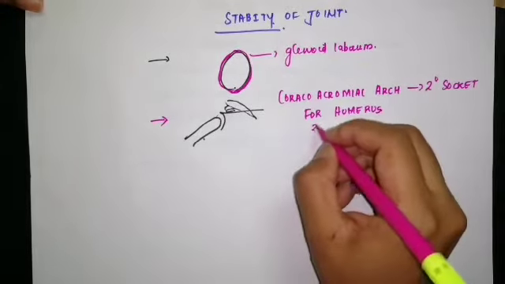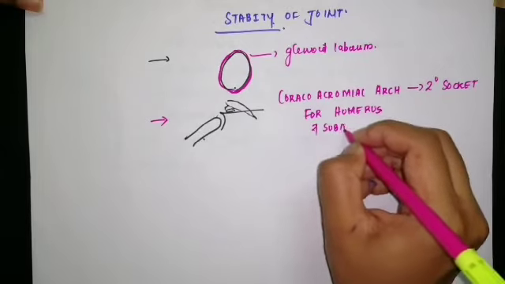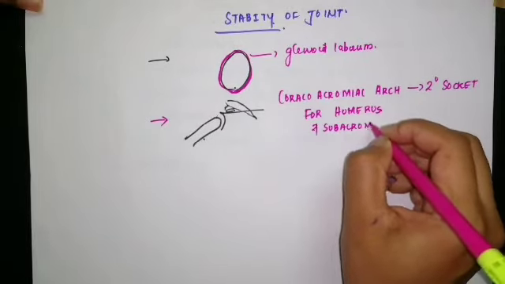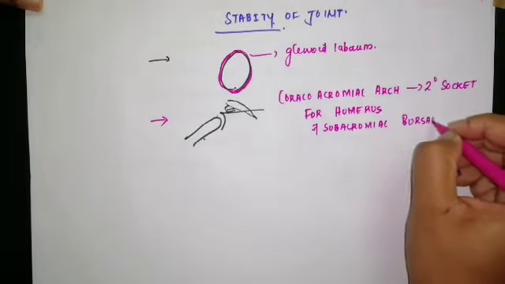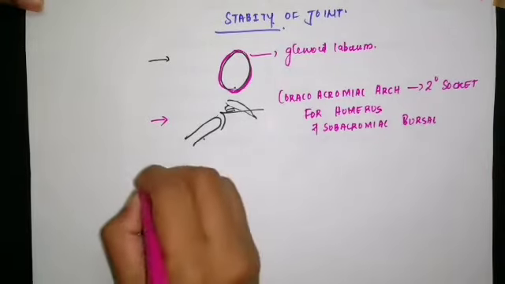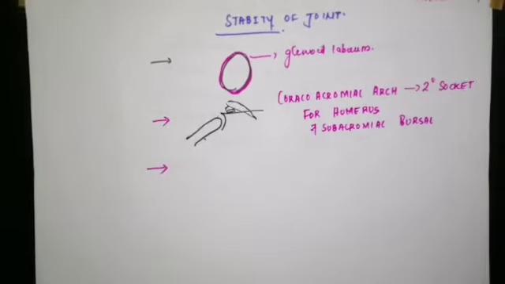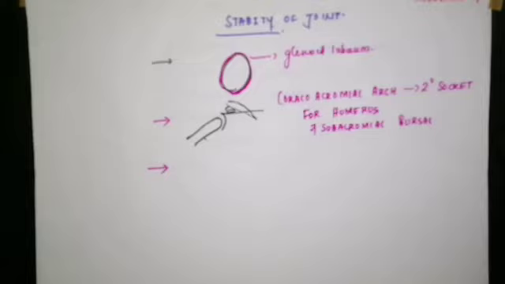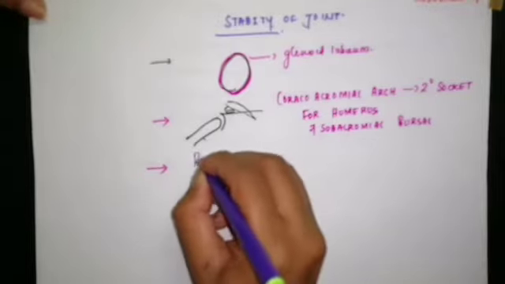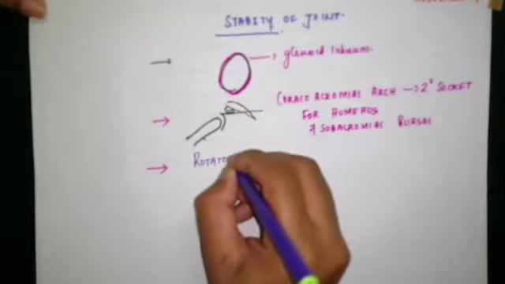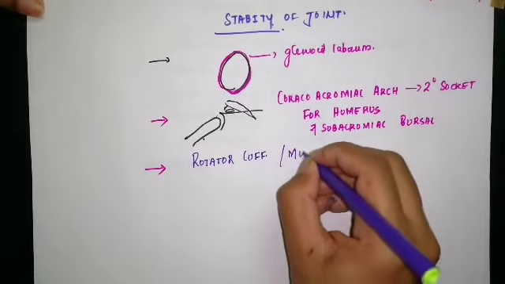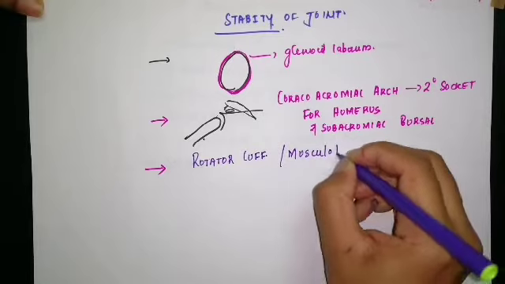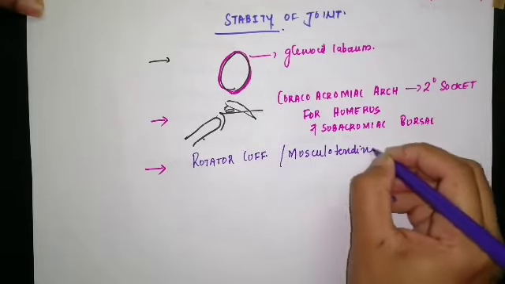And there is also the subacromial bursa, which also acts as a secondary socket. Another important factor is the rotator cuff. What is the rotator cuff? It is also called the musculotendinous cuff.